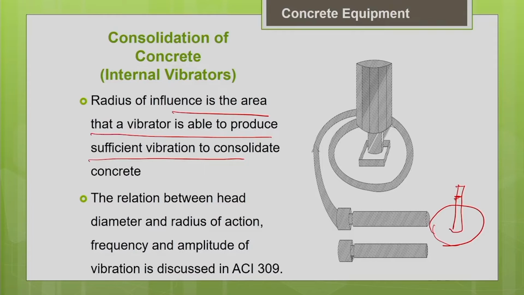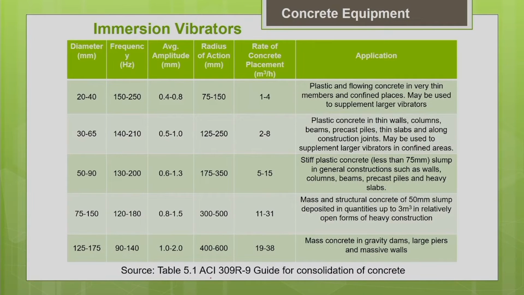Studies have established the relationship between the head diameter, radius of action, frequency and amplitude of the vibration. You can get this information in ACI 309R, which gives you the guide for the consolidation of concrete. This table is taken from the ACI 309R.